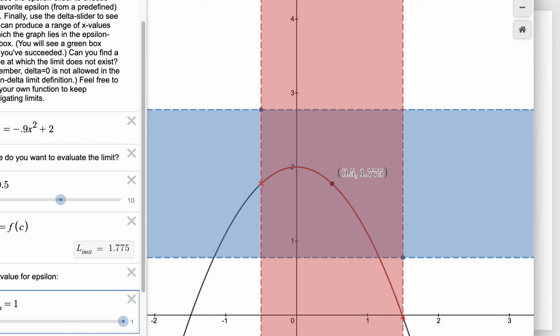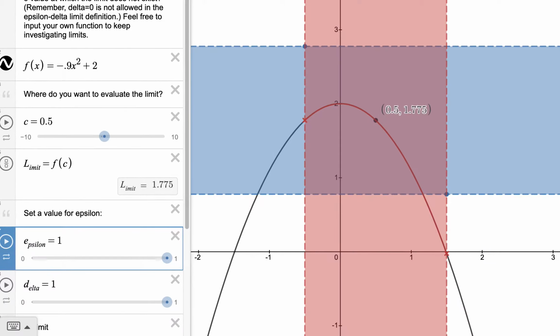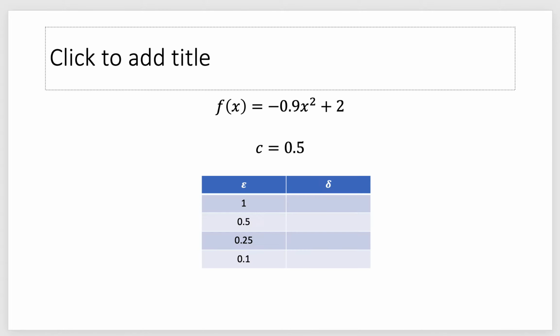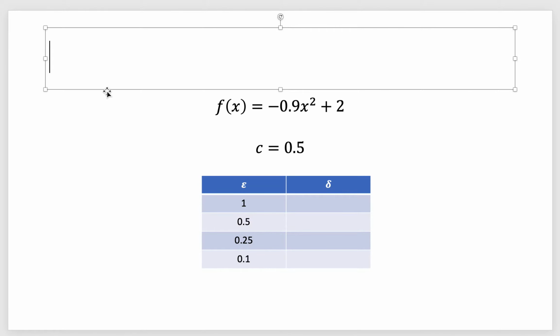Here my function is a parabola, negative 0.9 x squared plus 2, and I'm looking for the limit at c equals 0.5. Actually, let me show you this slide here.